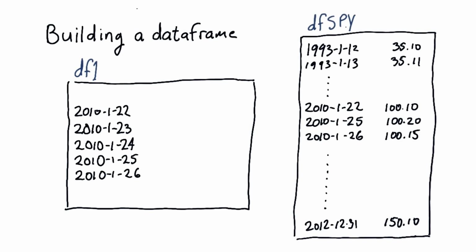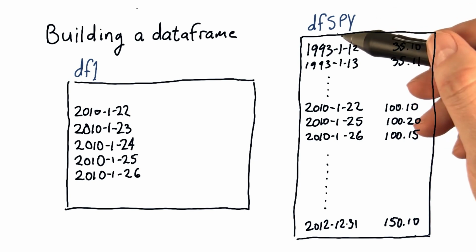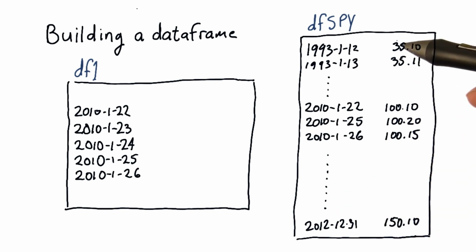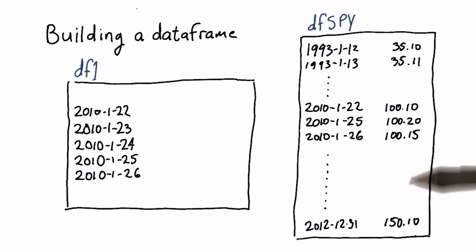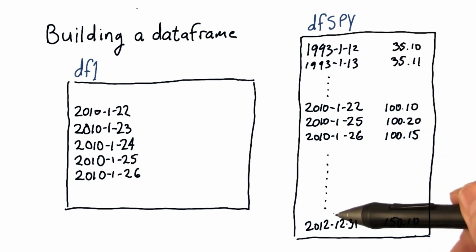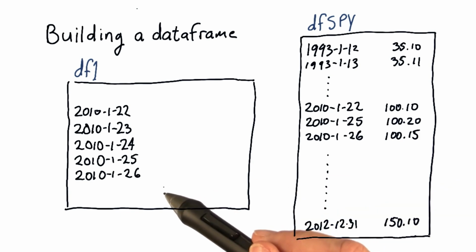Okay, so we separately read in SPY, and again, Dave will show you how to do that. Now when we read SPY, we get all the potential dates and all the prices that go with that. And in this case, we're loading adjusted close data. Note that there are many more dates here than there are here.